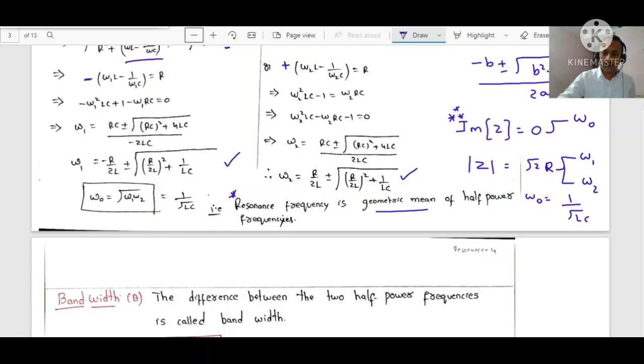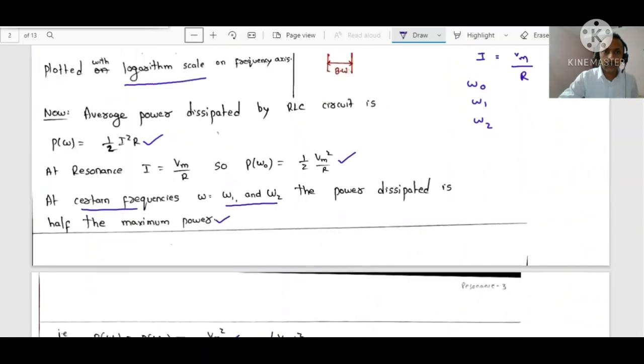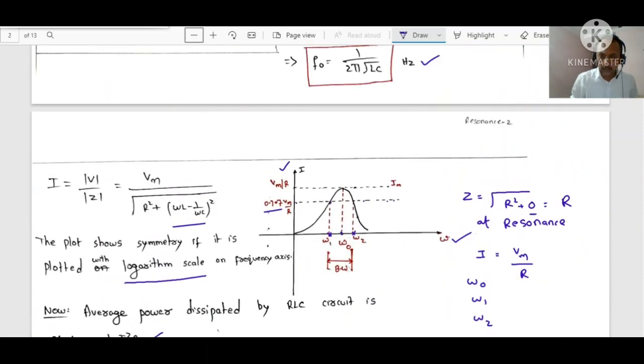Clear? Now in the diagram representation, in the graph, observe dear students. This is the omega 1 value, now omega 2. This gap is called the bandwidth, the difference omega 2 minus omega 1, and this bandwidth is also to be expressed in terms of R, L, C values.